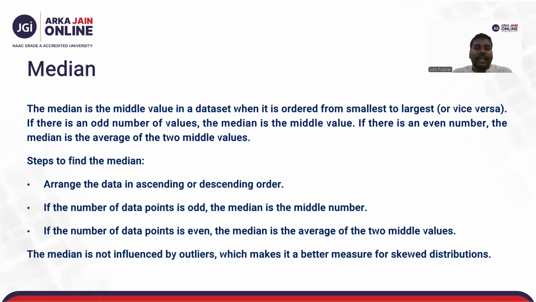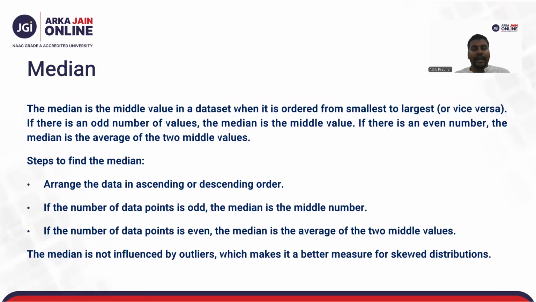What are the steps involved in finding the median value? First, arrange the data in ascending or descending order, as simple as that. Second, if the number of data points is odd, the median is the middle number. Suppose there are 11 values in the data set: five values will be on each side, and the sixth value will be the middle value, so it will be the median.